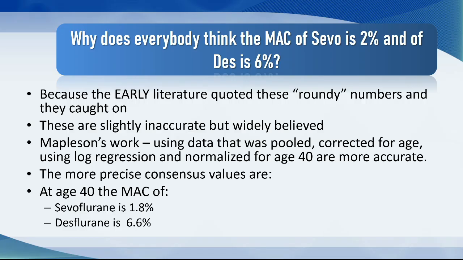It corrected for age and it corrected for other things like nitrous oxide and normalized it. And as a consequence, the precise consensus values today are, at the age of 40, sevoflurane's MAC is 1.8% and desflurane's is 6.6%. And for the remainder of these discussions on MAC, these are the numbers I am going to quote.